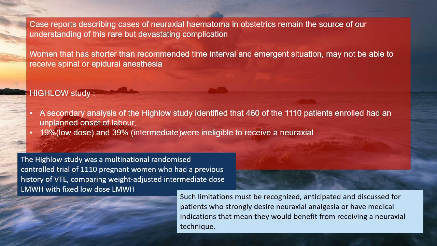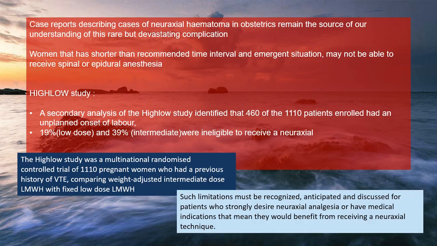In the High-Low study, what is interesting is that of course it tried to compare the weight-adjusted intermediate dose low molecular weight heparin with fixed dose low molecular weight heparin. But one of the interesting analyses that came out of this study is that 460 of the patients enrolled had an unplanned onset of labor.